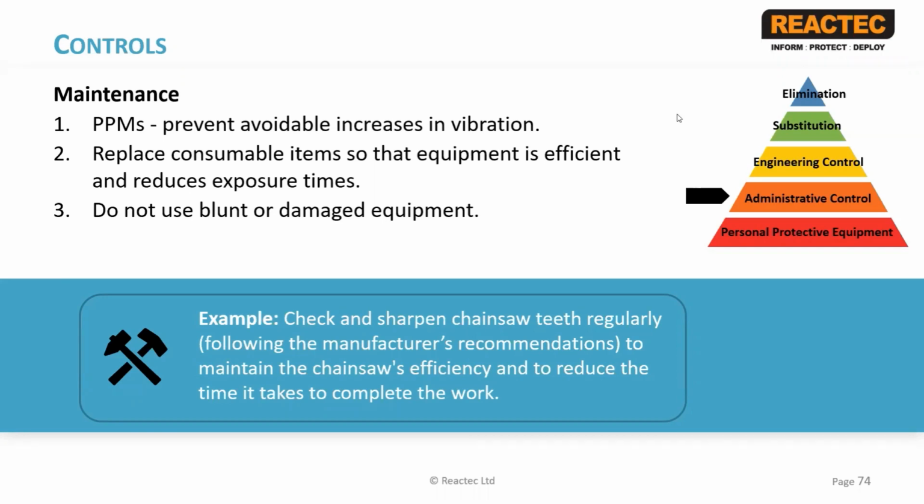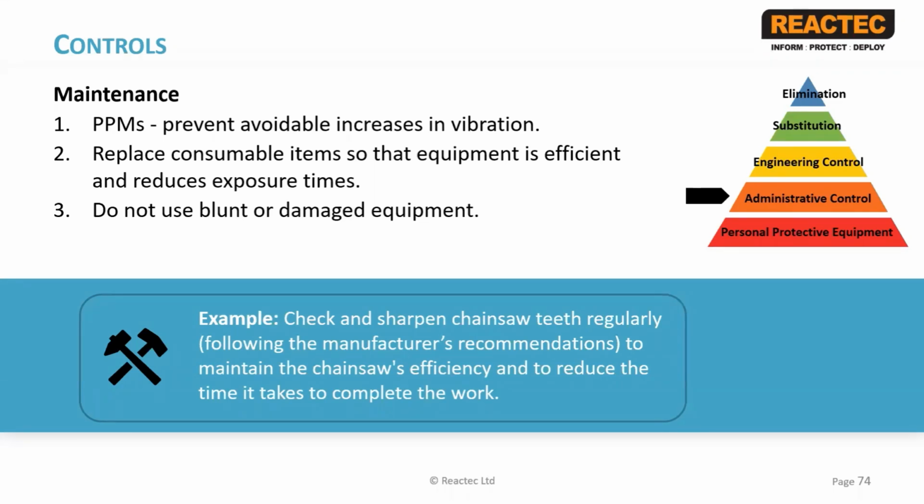Tool maintenance is a very important administrative control when it comes to hand-arm vibration. Planned preventative maintenance will help ensure that a tool's vibration does not deteriorate with time because of the wear and tear of the tool. Equally well, consumable items should be replenished frequently to ensure that they do not increase the tool's vibration level again because of their degradation.